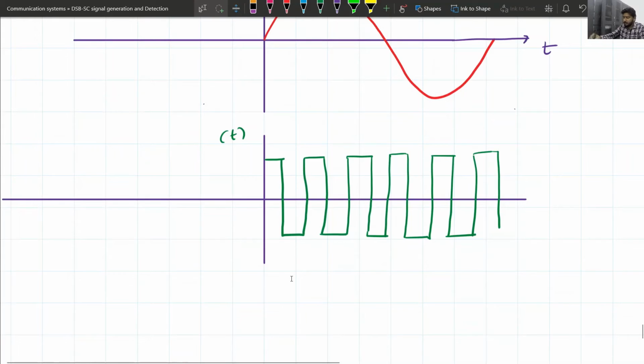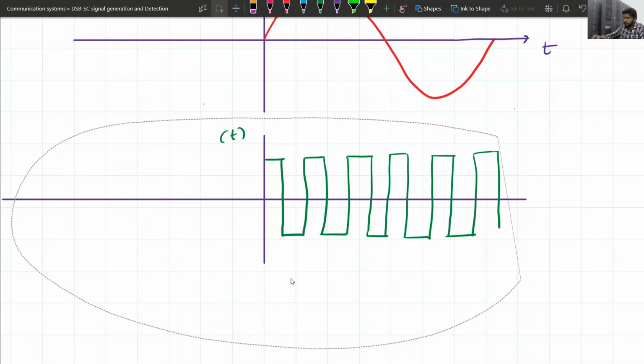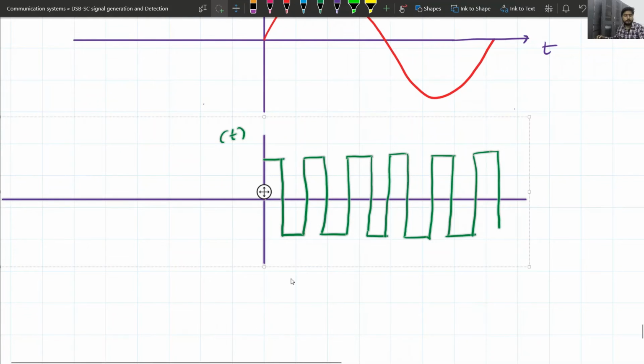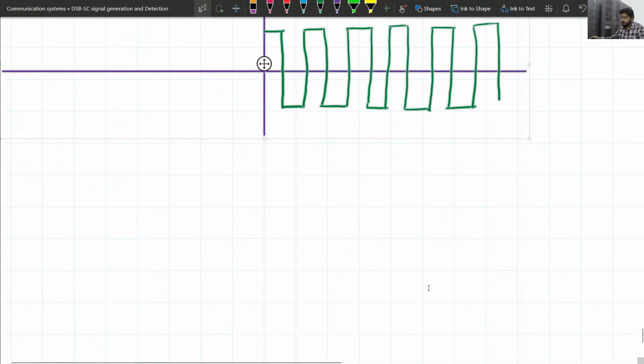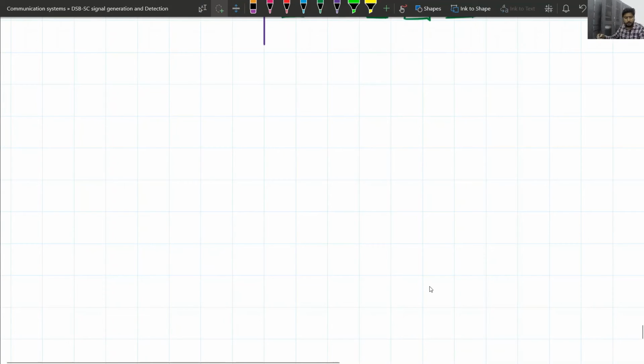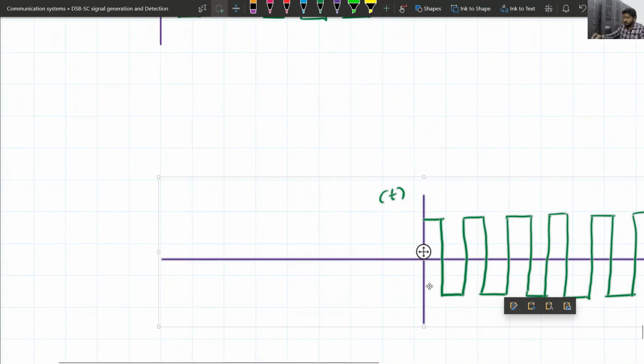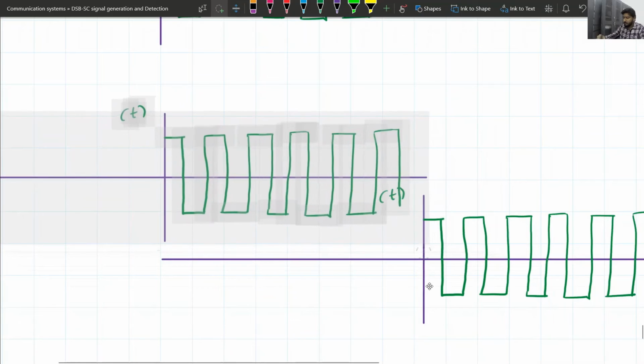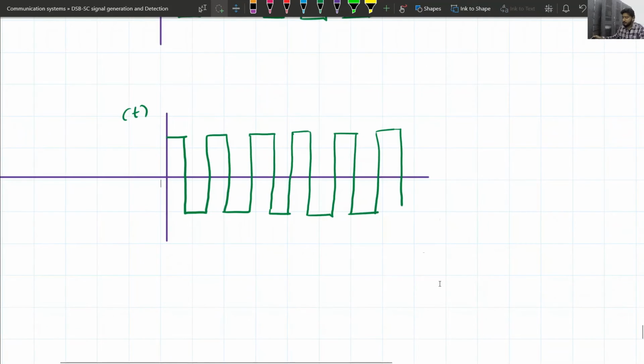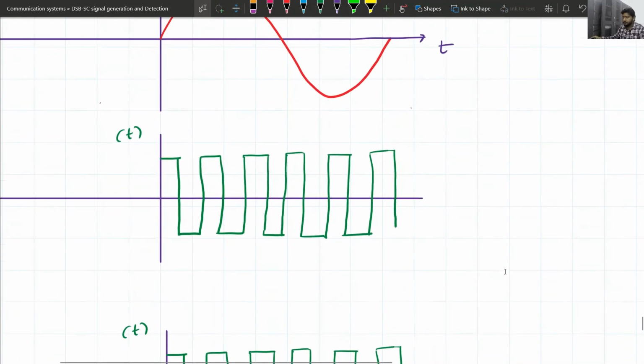Once again, we select this part and draw this once again.